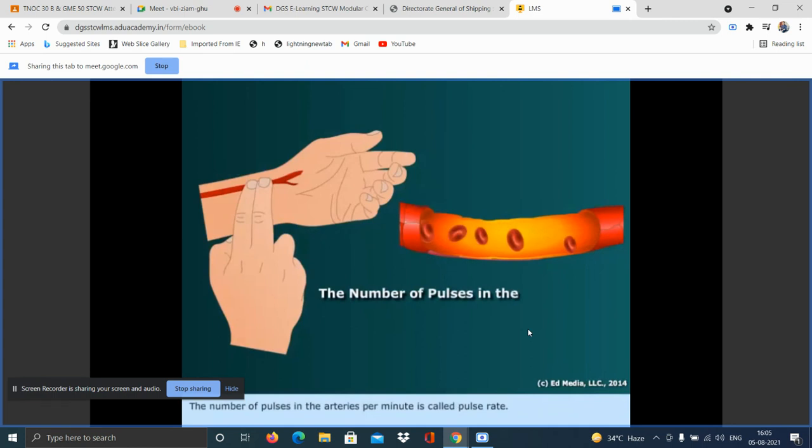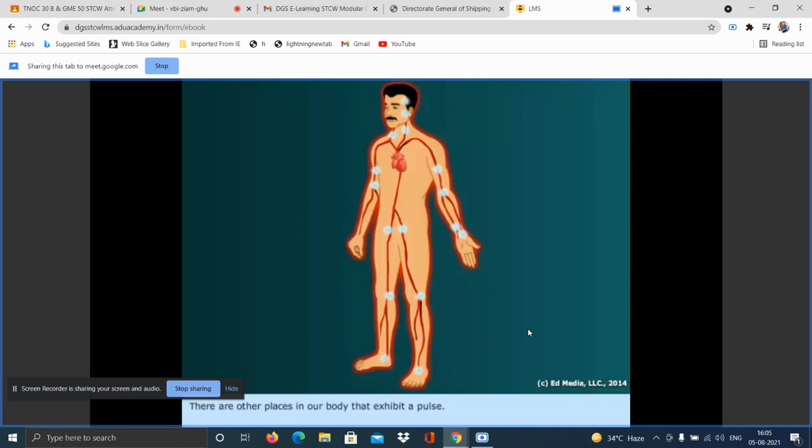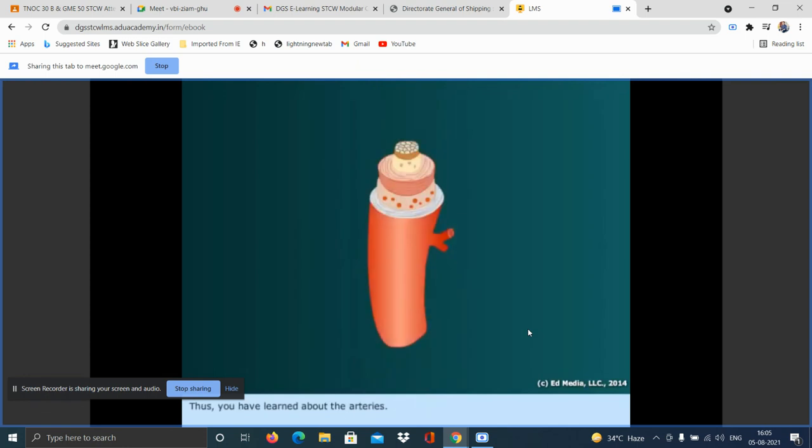The number of pulses in the arteries per minute is called pulse rate. The pulse rate for a resting person is between 72 and 80 pulses per minute. There are other places in our body that exhibit a pulse. Thus, you have learned about the arteries.